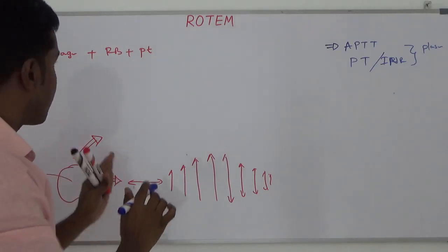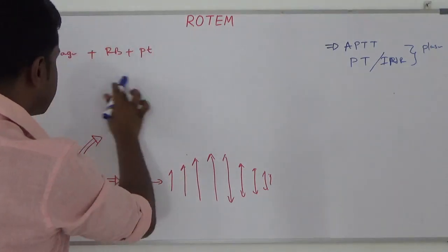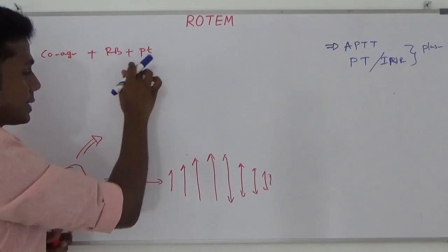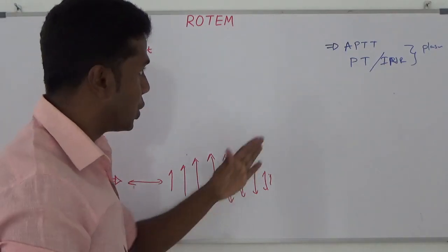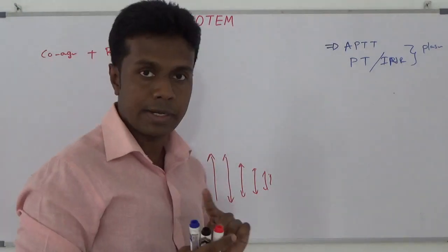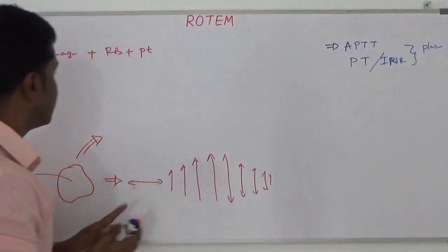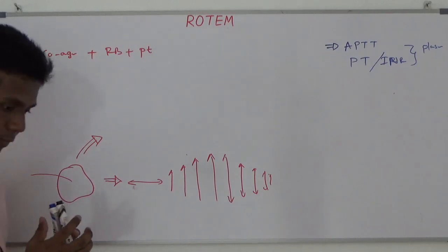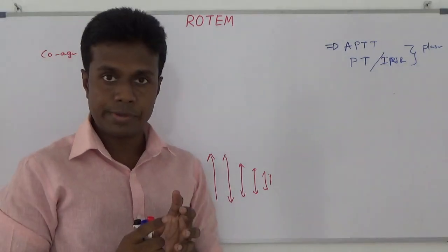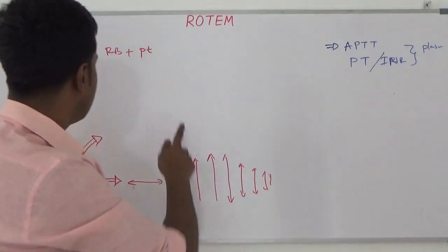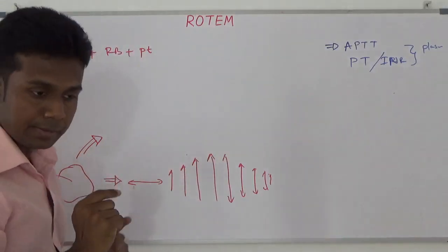That means our coagulation process involves red blood cells and platelets, and coagulation factors as well. Because of that, he said, if you want to assess coagulation, it is better to assess with whole blood, not with the plasma component.